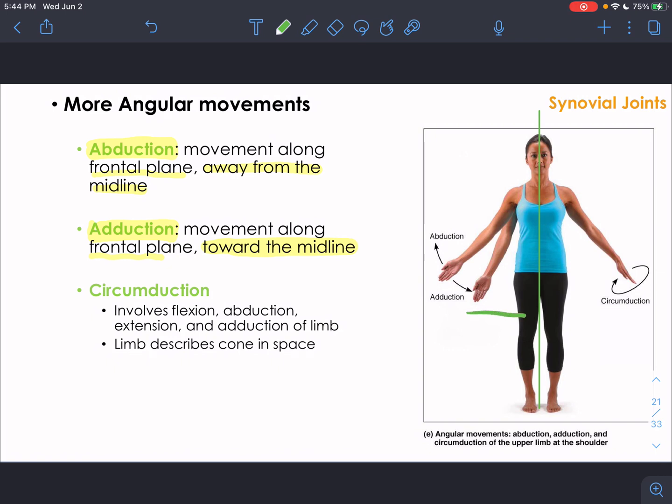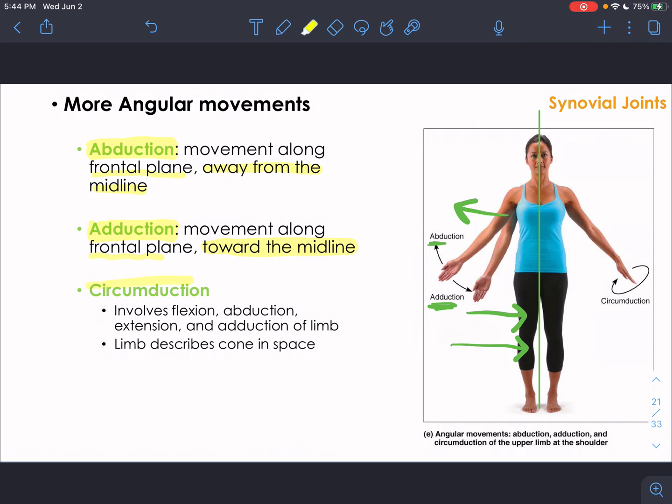If you're going closer to the midline, think of it, you're adding towards the rest of your body. So adduction is towards the midline. Away from the midline is the other one, abduction. Okay, so I think adduction, you're adding towards the midline of your body.